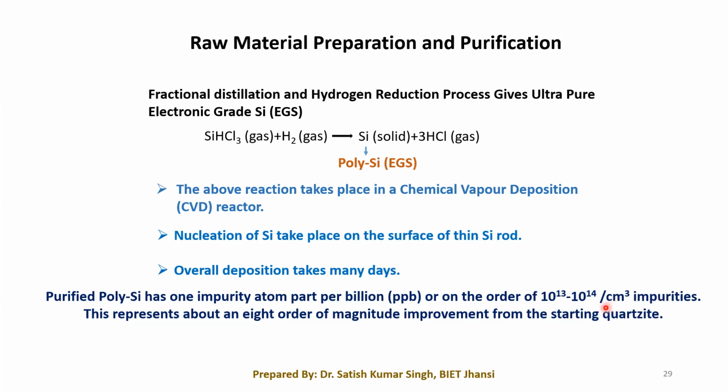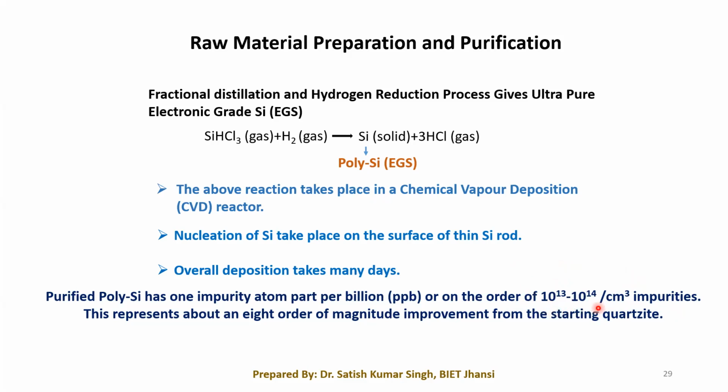So if we take one centimeter cube of volume of our polysilicon, we will have this much impurity present.